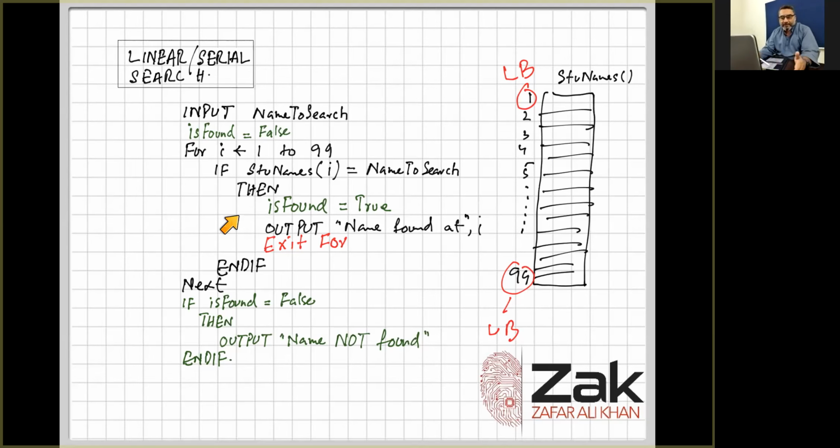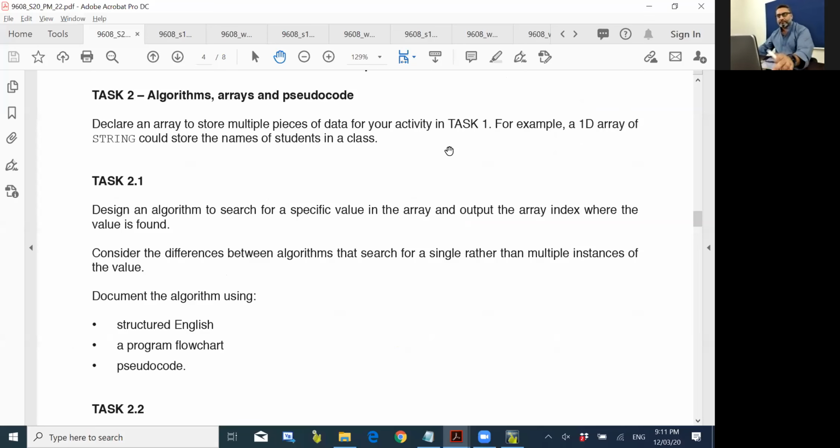But if it has been found, then in that particular condition where we are looking for it, and if the name that we are finding is there, we make is found true, so that towards the end we have an idea that the value that we were looking for is already found, and we don't have to tell that the name was not found. That is how it works.